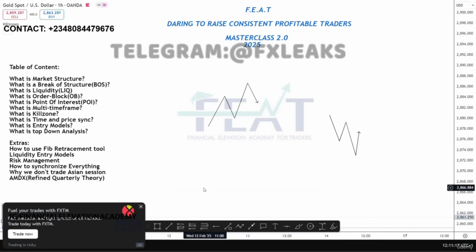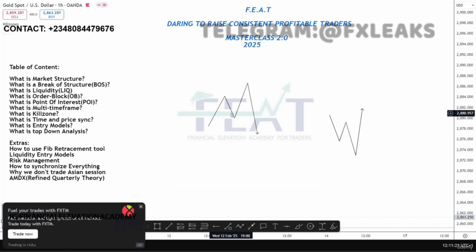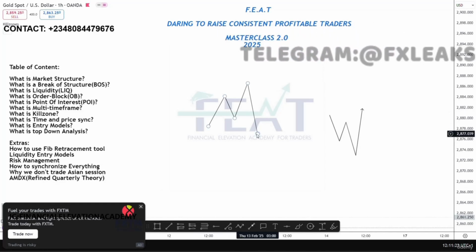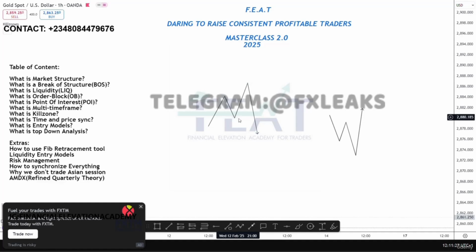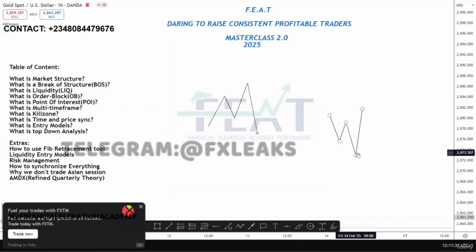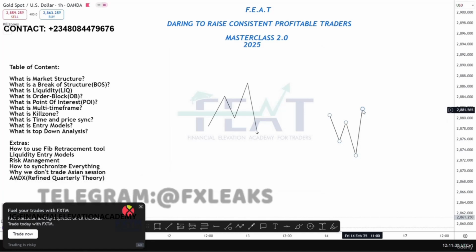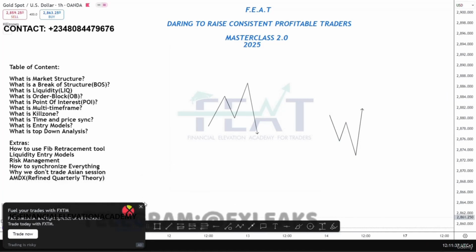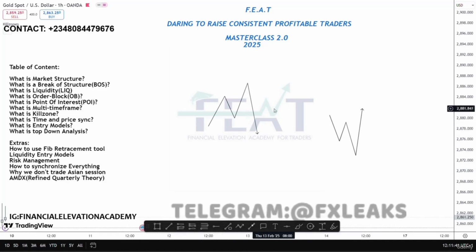But no. You can see it now. So this is what makes it a breakout structure, because this high took out this low and created a new low. This low took out this high and created a new high. Okay, so that is the first level of a breakout structure, which we all know.